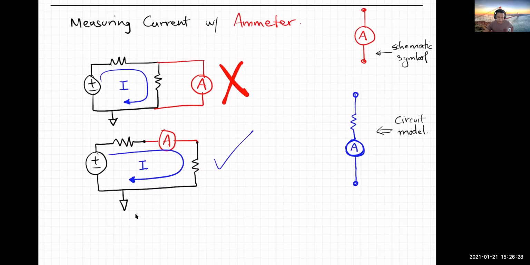Now, current is measured using a device called an ammeter. The schematic symbol for an ammeter is simply an A with a circle. If you notice, an ammeter also has two leads. But if you think about current, you're counting how much charge is flowing through a single point in the circuit, for example, how much current is flowing through the resistor.